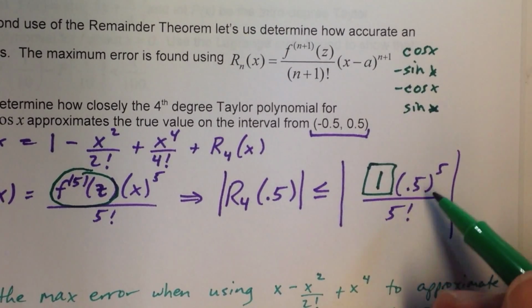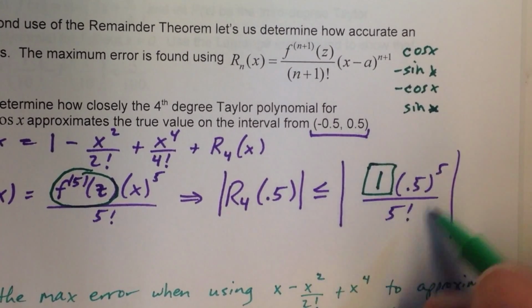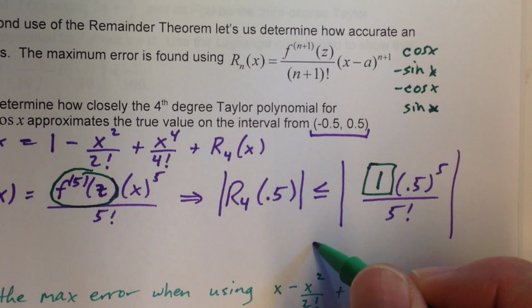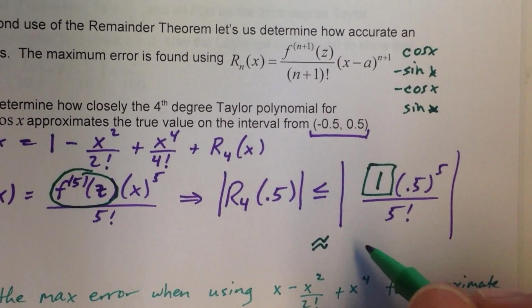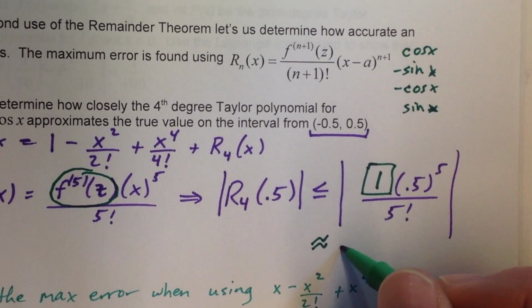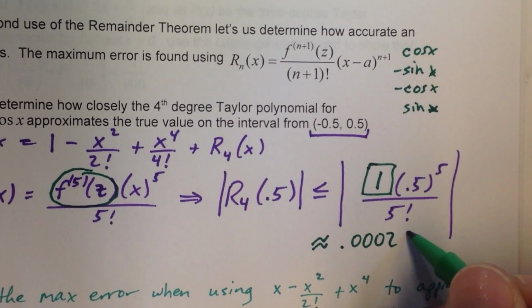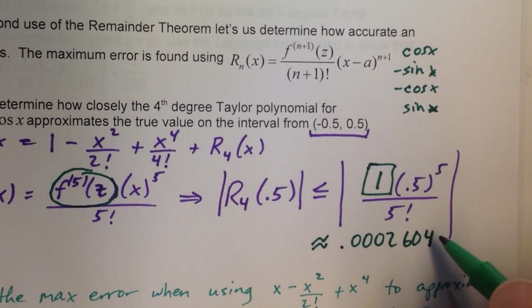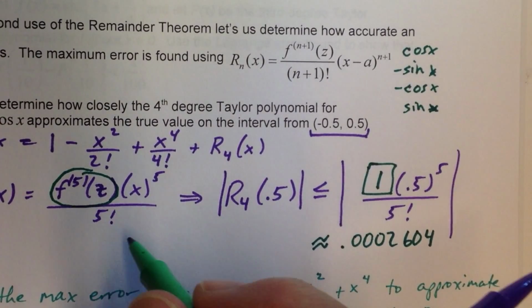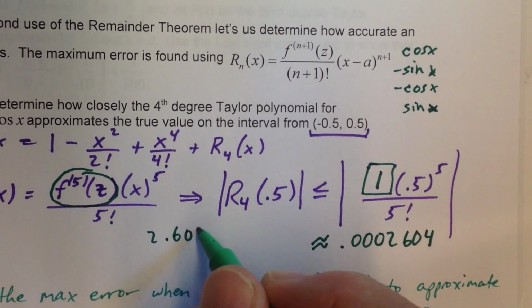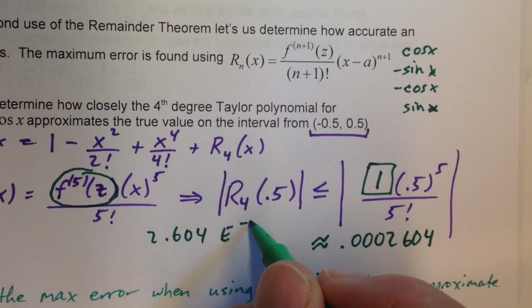So we have this guy here, and we know that we don't have any variables in there, so we can just type that into the calculator. And if you do type that into the calculator, you're going to get 0.0002604. You might get a message on the calculator that says something like 2.604 e minus 4.